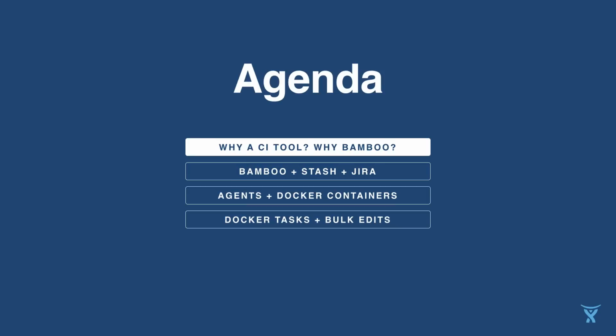So what is continuous integration or CI? Continuous integration is the process of automatically building and testing your software on a regular basis to prevent integration issues. When developers want to make changes, they make a copy of the main repository to work on.